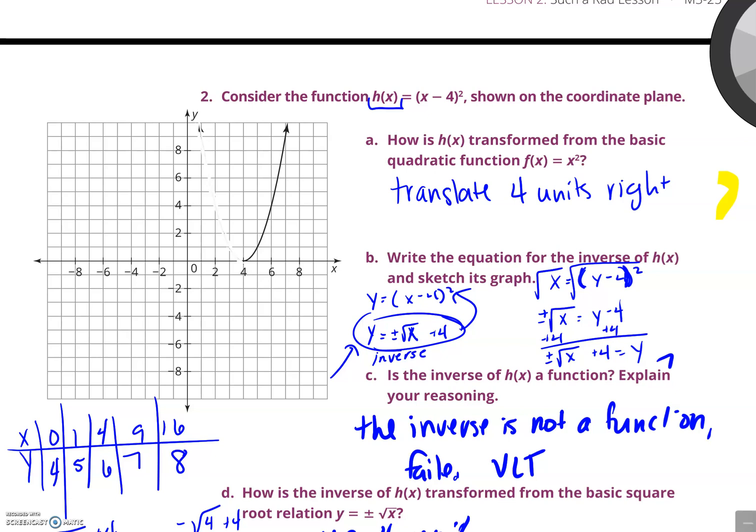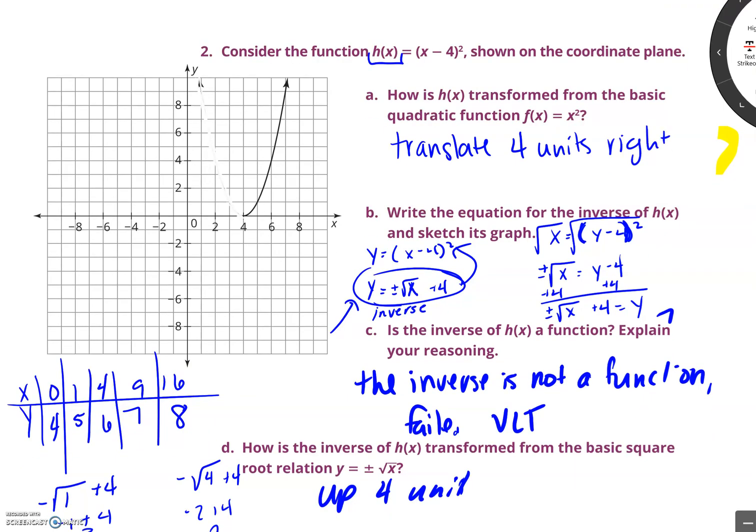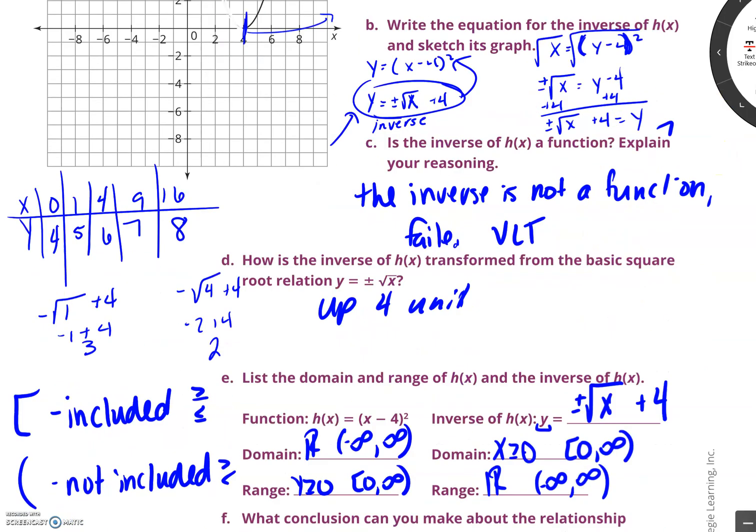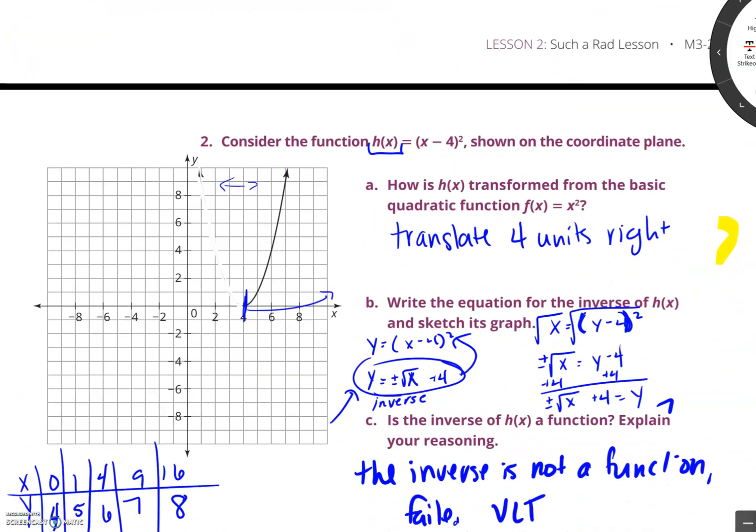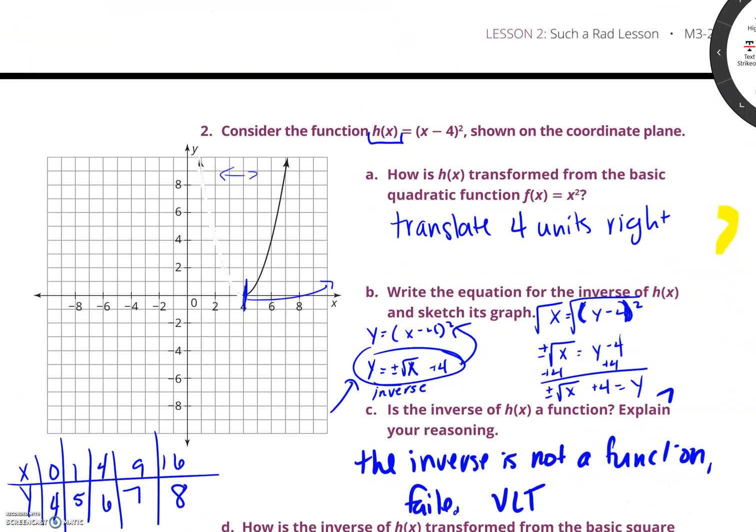All right. And so now what we have, our domain is no longer everything. It's only when x is greater than 4. And our range is still anything that's above that y value of 0.